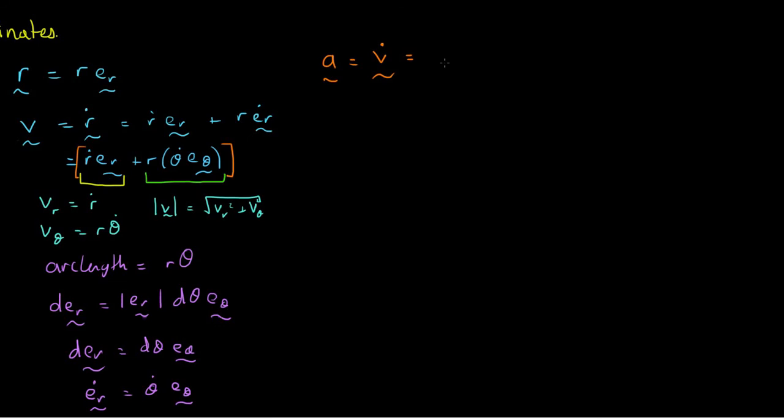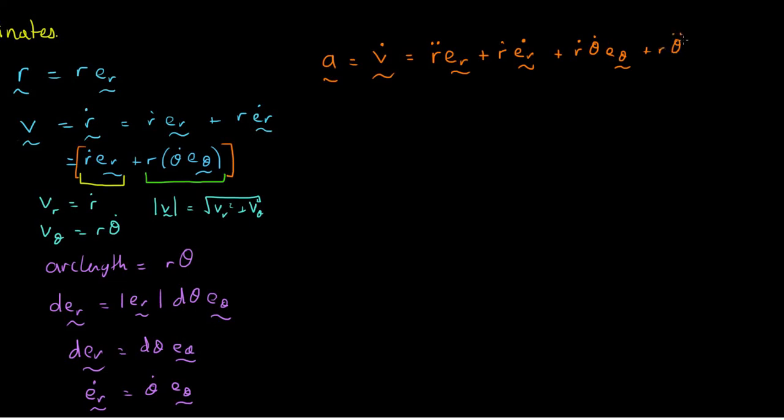So using the chain rule with the first terms, we get r double dot times the e r vector plus r dot e of r vector dot, and we deal with the second term here. We end up with r dot theta dot in the theta direction plus r theta double dot.